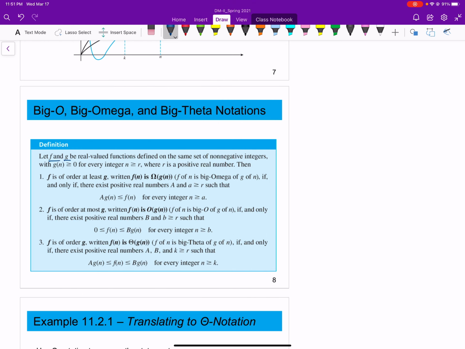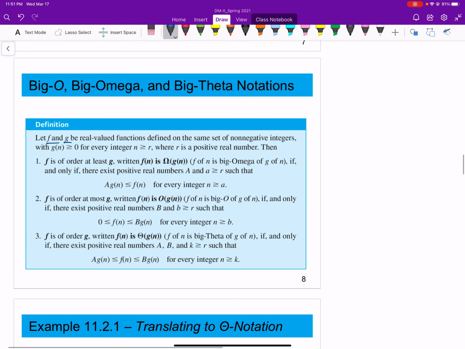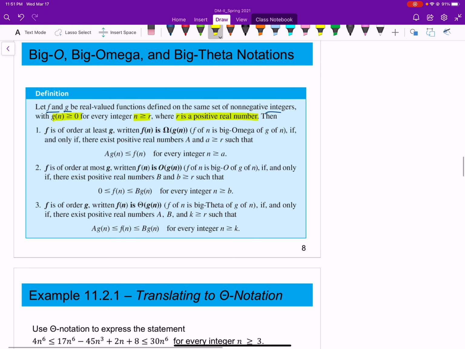Let f and g be real valued functions defined on the same set of non-negative integers, with g(n) always greater than or equal to 0, and for every integer n greater than or equal to r, where r is a positive real number. Let me highlight some important things. That is important, and this is important.